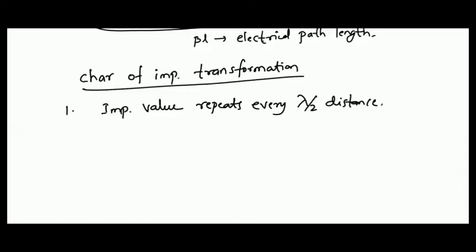You can check this with the help of the above equation. If you find Z of L plus lambda by 2, then you will again get Z of L. So after every lambda by 2 distance, the impedance value repeats.